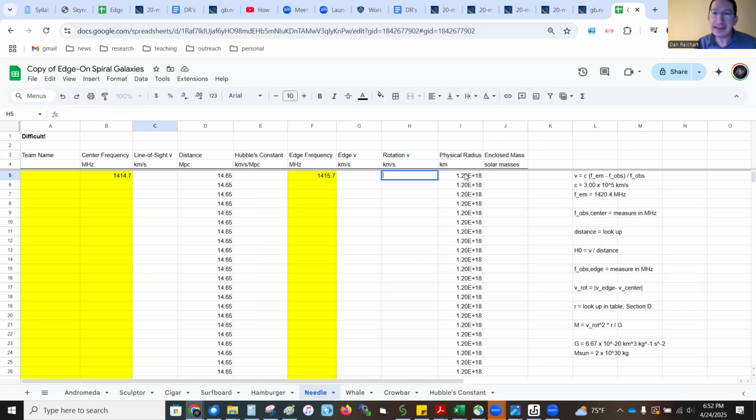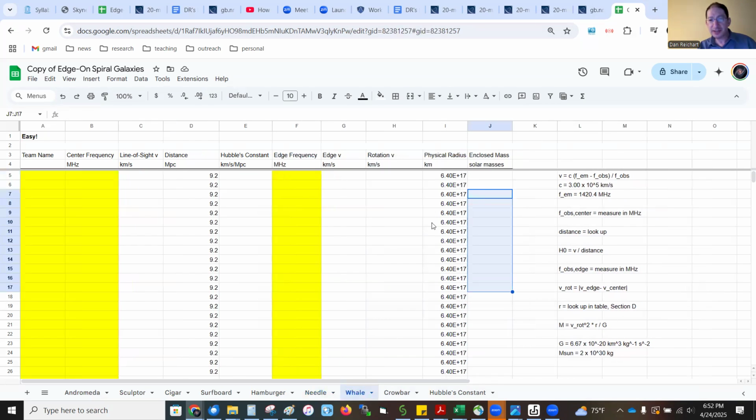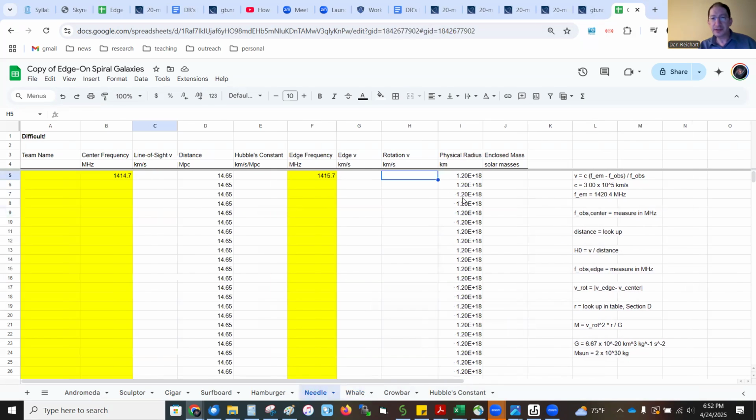Since you get the idea, I've just given you the physical radius in kilometers. For each galaxy, it has a different size. You can see it there. The needle's pretty big. So 1.2 times 10 to the 18 kilometers. And that's all you need to calculate the enclosed mass.